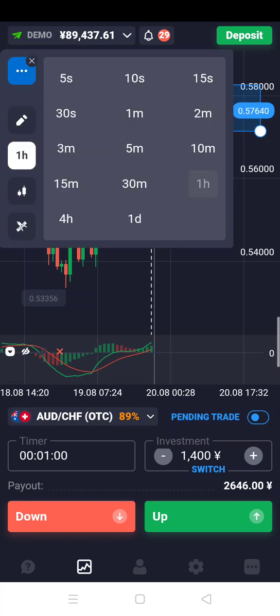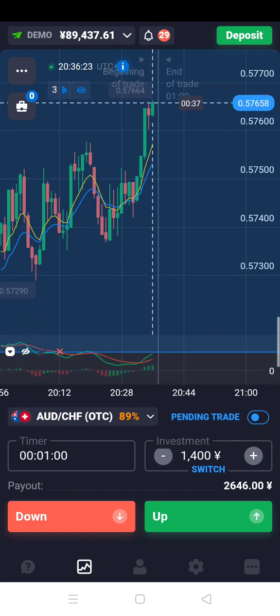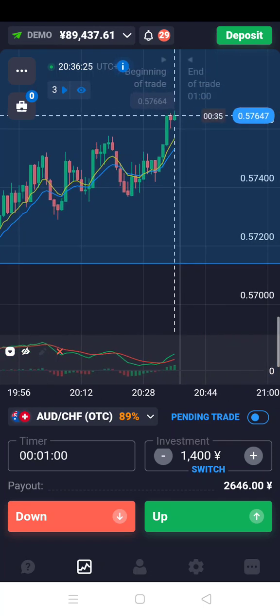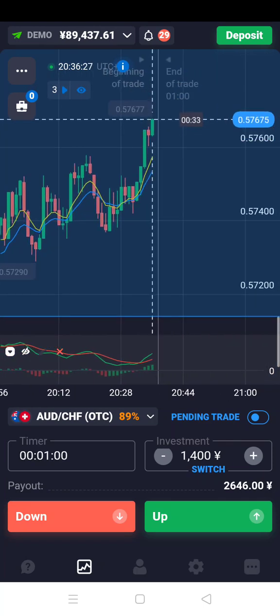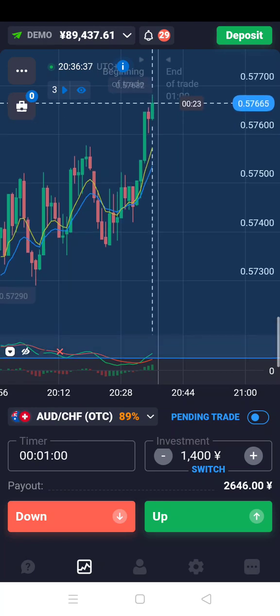now I said I wanted to trade 1 minute, so I'm gonna go to the 1 minute time frame, and this is where I look for price movement and what the price is doing. So right now you can see a bullish engulfing candle happening, and this is a strong uptrend, right?